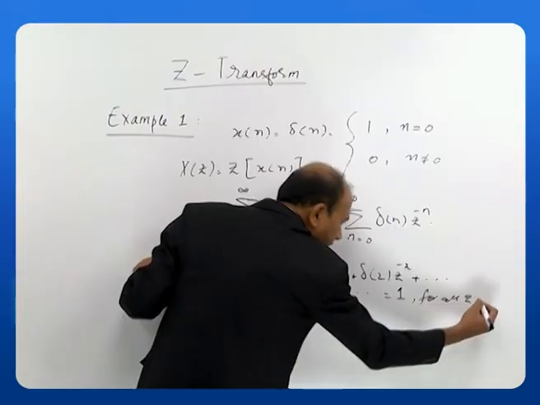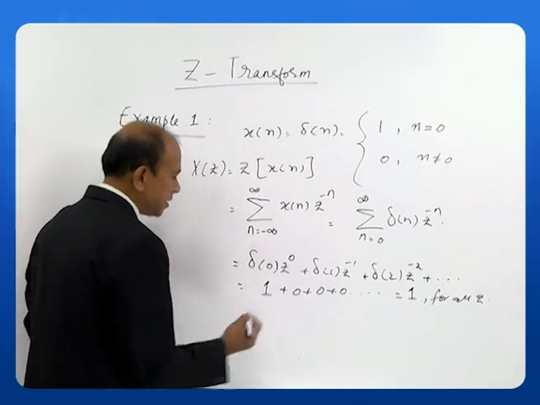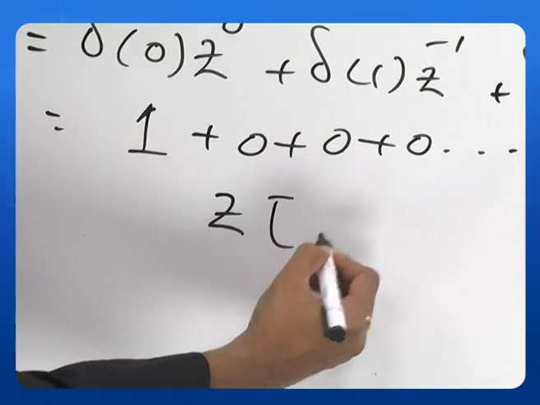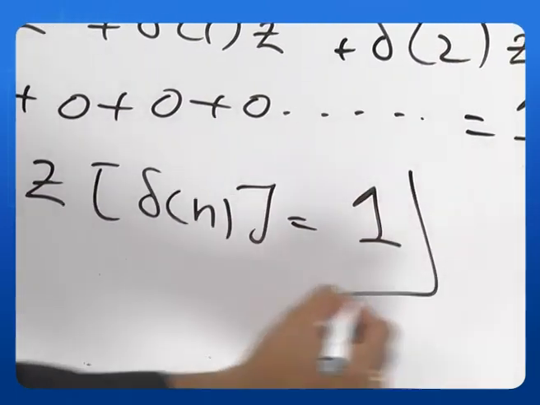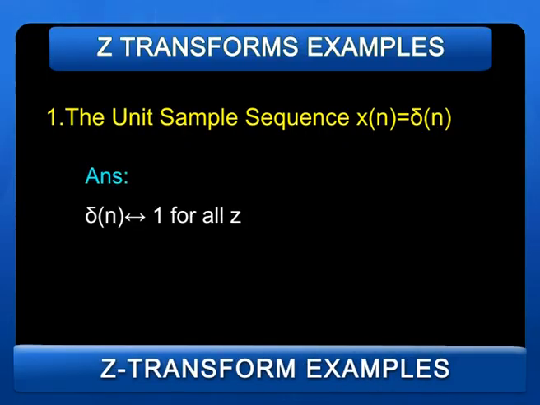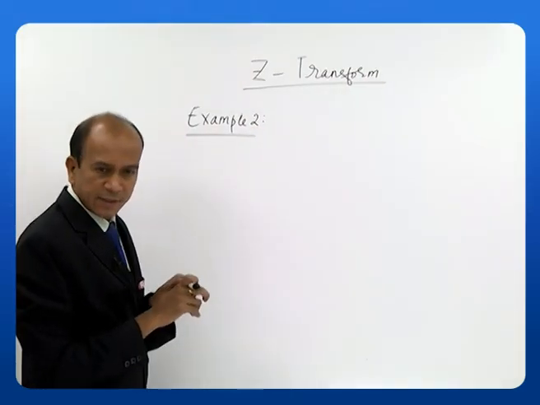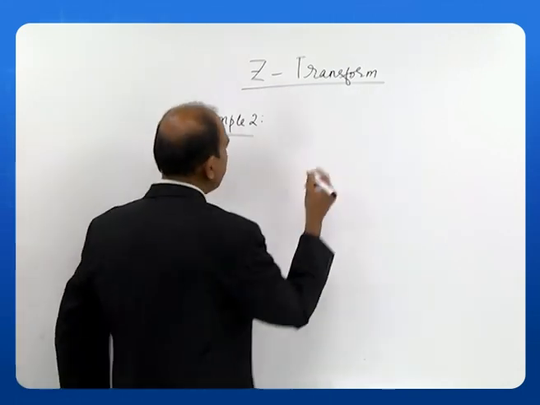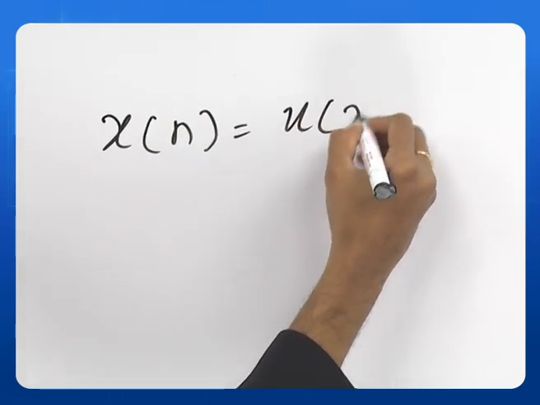So, the z transform of delta of n is equal to 1. This is the answer. What is the ROC? The ROC is the entire z plane. Now the next question: we have to calculate the z transform of x of n equal to u of n.